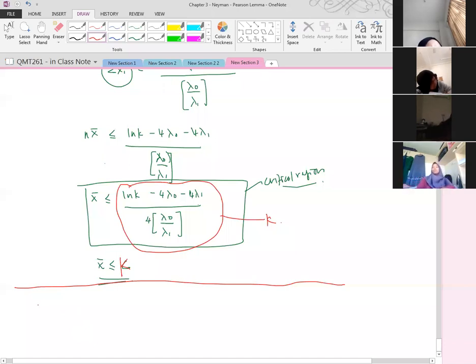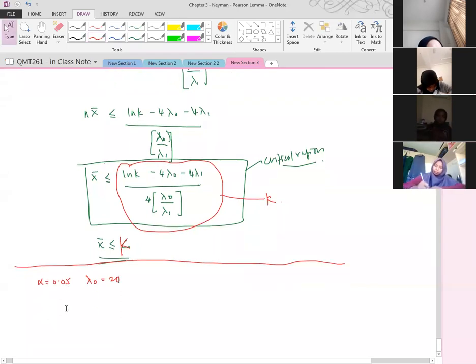So we know that alpha is 0.05 and lambda naught is equal to 20, right? So by using the probability of type 1 error, which is equal to the probability of rejecting the null hypothesis when the null hypothesis is true.